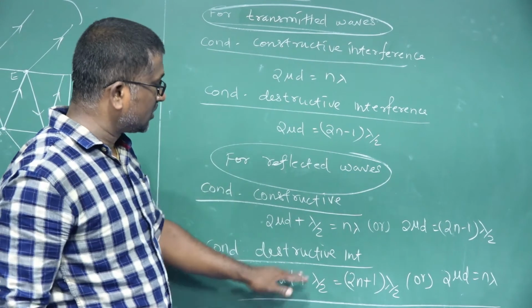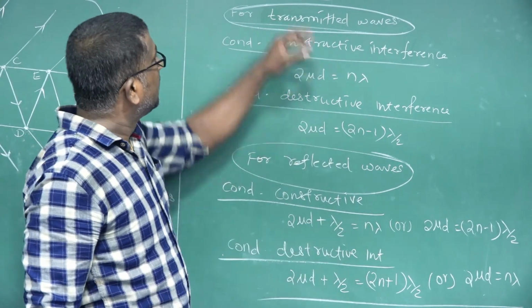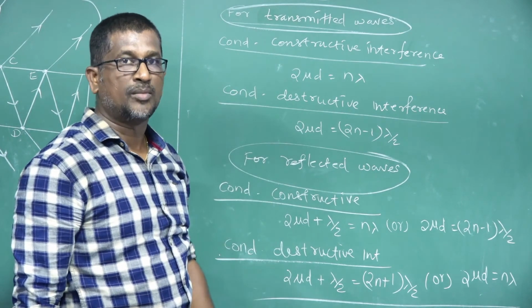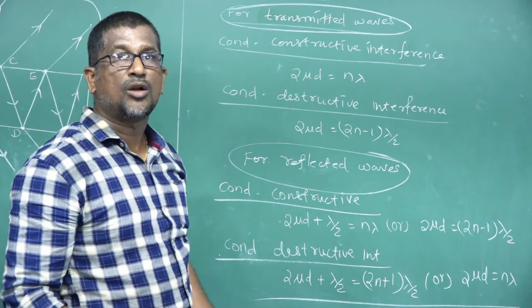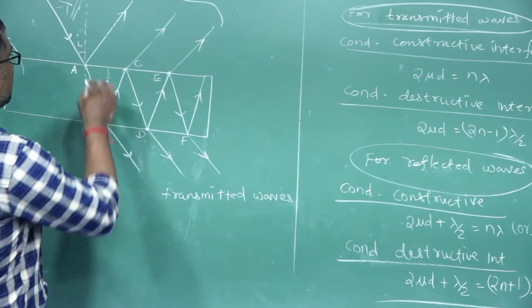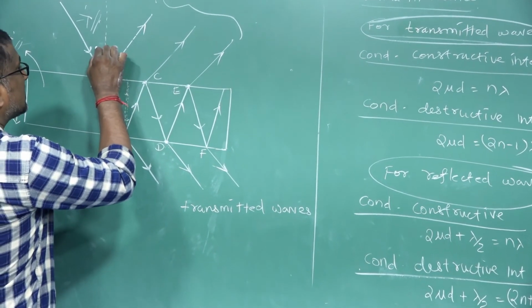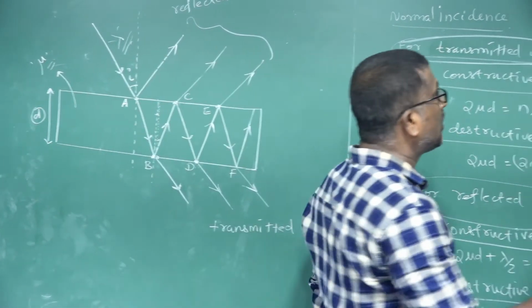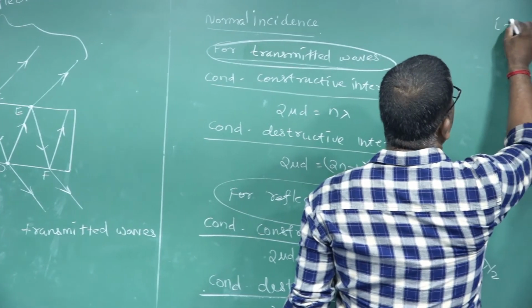So these conditions are only possible if the light is incident on the thin film normally. Other than normal incidence, suppose light is incident on the surface of the thin film with an angle of incidence i, that is, i is not equal to 0.